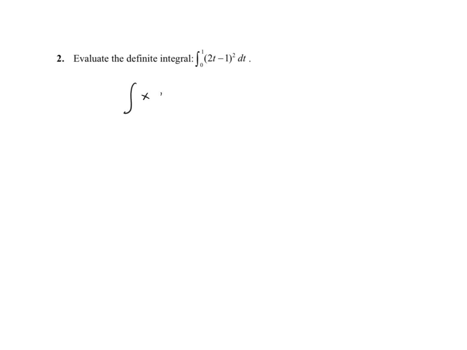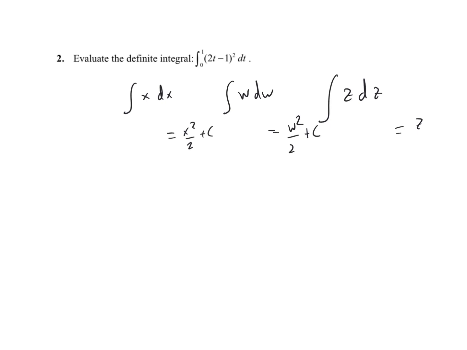The integral of x dx, the integral of w dw, or the integral of zeta d zeta. The solution here is x squared divided by 2 plus c, here the solution is w squared divided by 2 plus c, and here the solution is theta squared divided by 2 plus c. It is a mute variable.